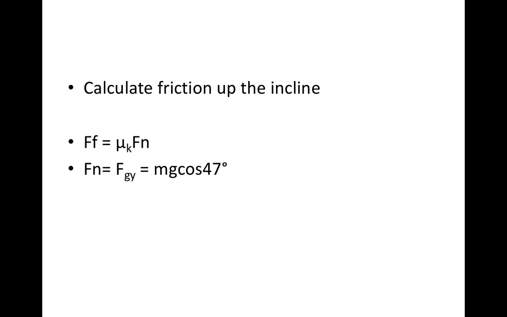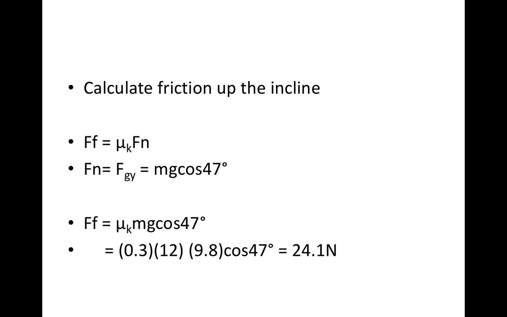Fn is just an equal and opposite force to the force of gravity, perpendicular to the surface, which is equal to mg cos 47. And then we can plug in Fn into our equation for F friction and then solve. So we get 24.1 newtons.